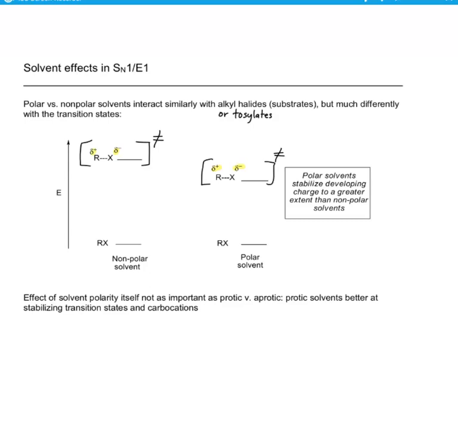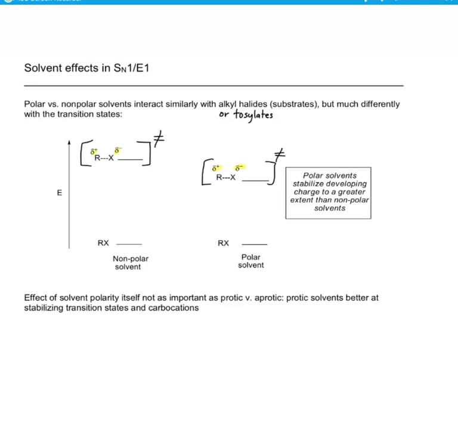A polar solvent is going to be able to stabilize that developing charge to a much greater extent than a nonpolar solvent. So a transition state for carbocation formation occurring in a polar solvent is going to be lower energy than the transition state for a carbocation formation that's occurring in a nonpolar solvent. All of which is to say that carbocation formation will proceed more readily and more quickly in a polar solvent versus a nonpolar one.